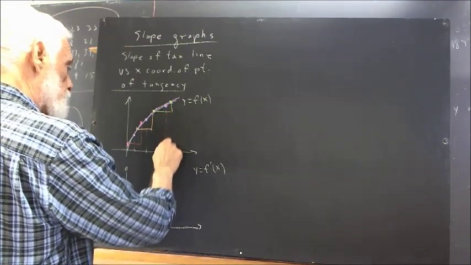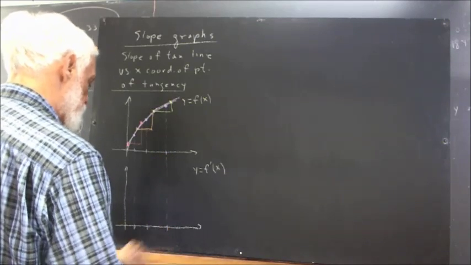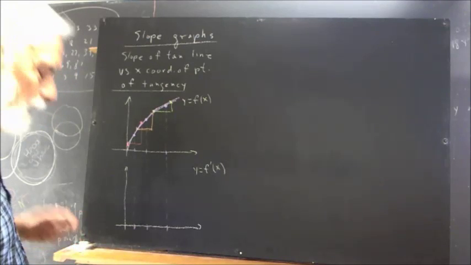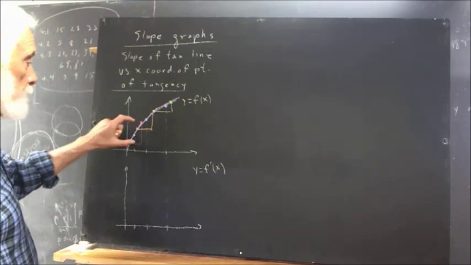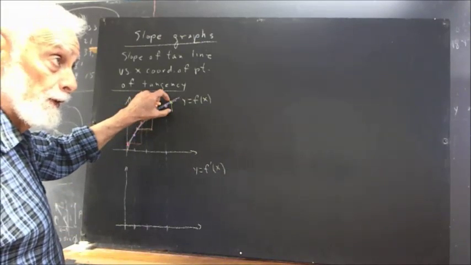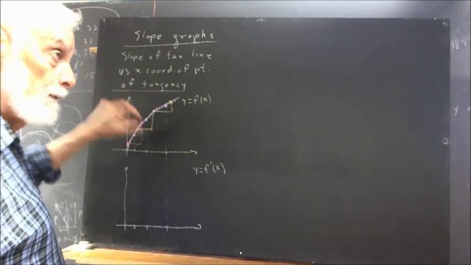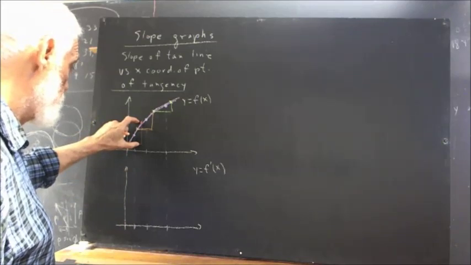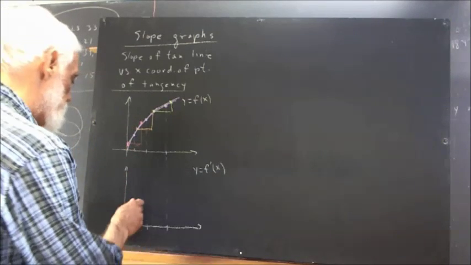Here is the x-coordinate of this point of tangency, and we can come straight down and get the x-coordinate here. So now, instead of calculating a slope and using numbers, I can just use the rises to represent the slopes. Since the rises will have the same relative values as the slopes, this is perfectly legitimate. So I use this rise for this x-coordinate, and I obtain a point here.